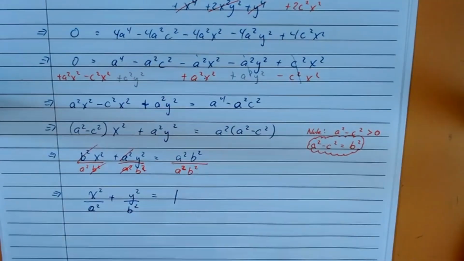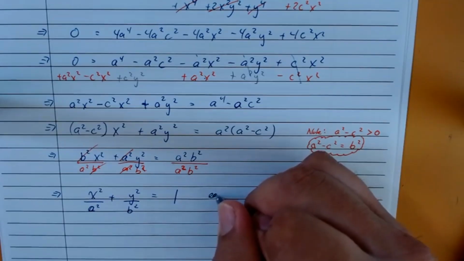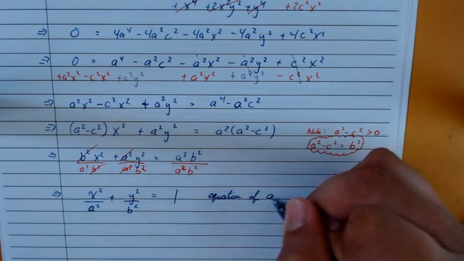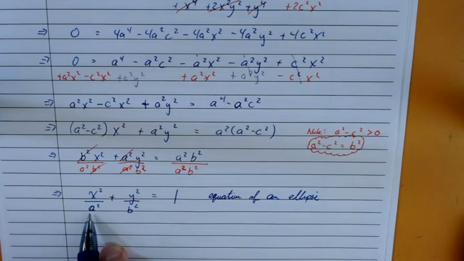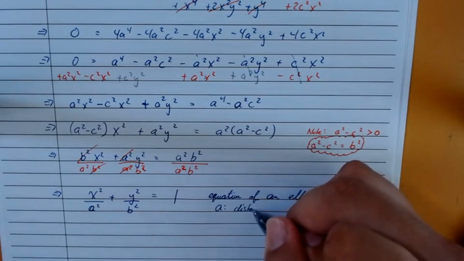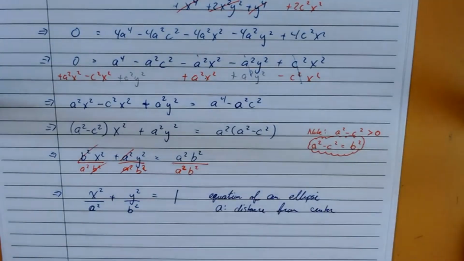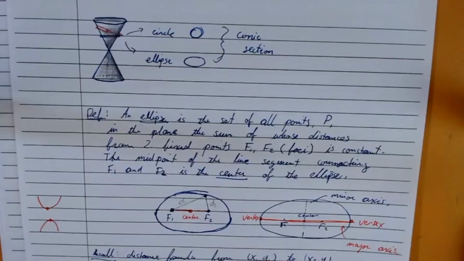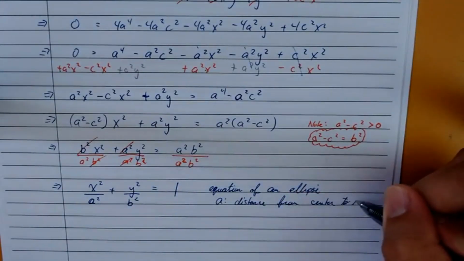This is the form of the equation of an ellipse, where a is the distance from the center to the vertex, and it doesn't matter which vertex, since it's symmetric, it goes in either direction. From the center to that vertex or to that vertex, it's all the same.